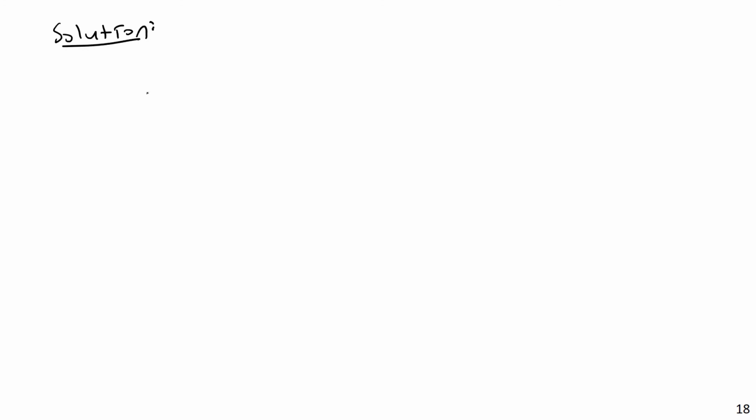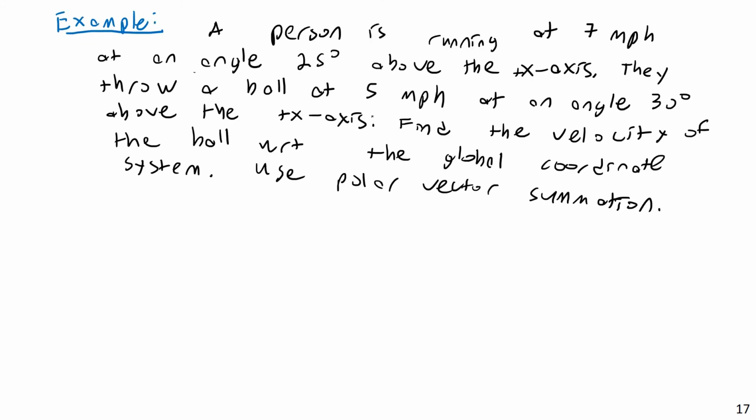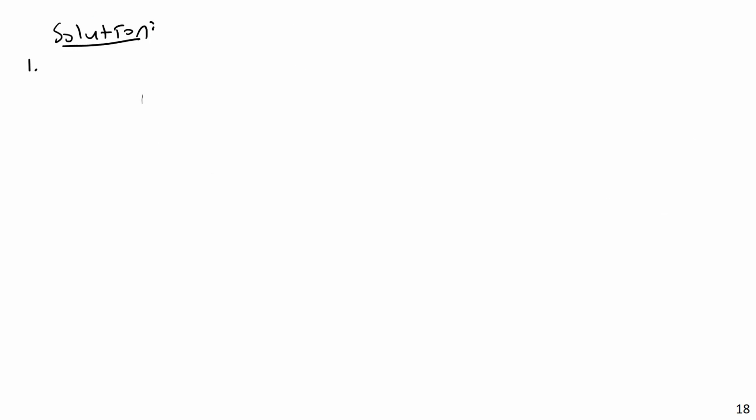The first step is going to be to draw this out. So I have two vectors, and I'm going to set these up head to tail. So the first thing I might do is to create my x and y axes. I can probably get away with not drawing any negative quadrants, so I'll have only the first quadrant.